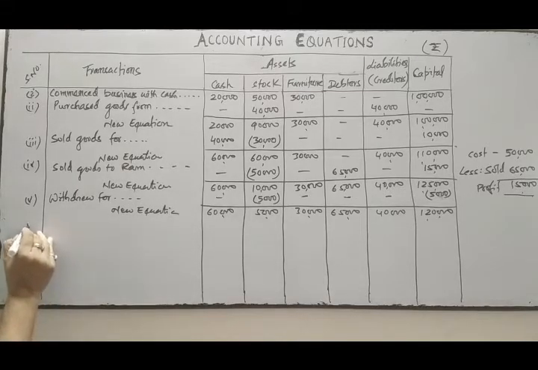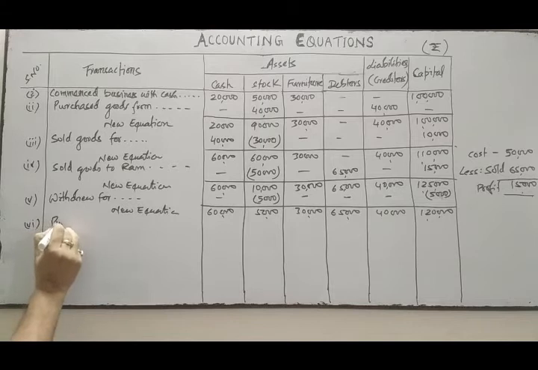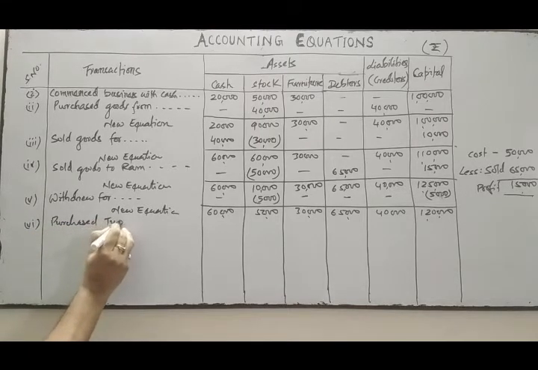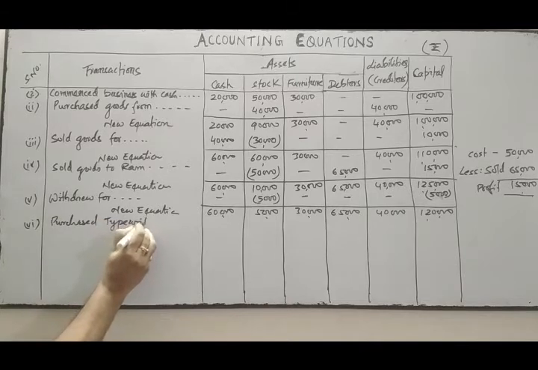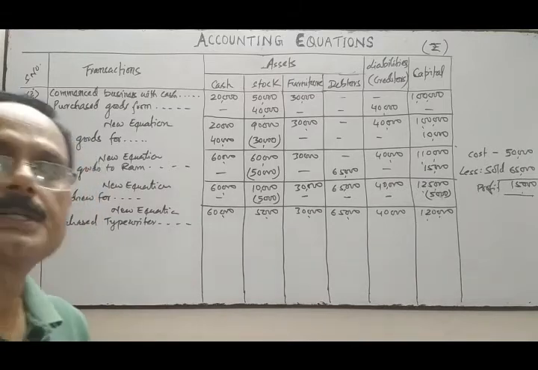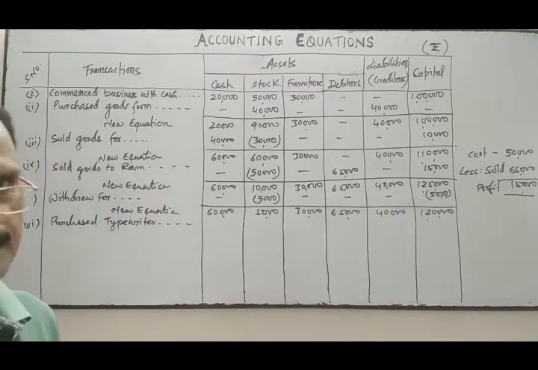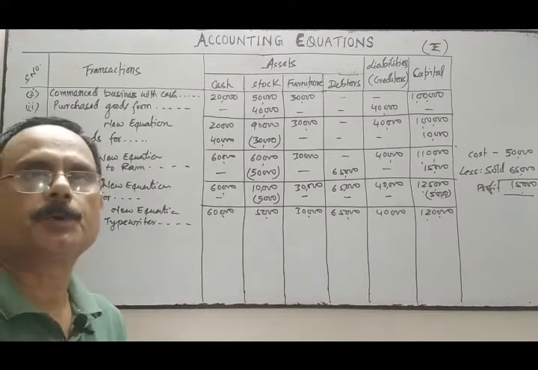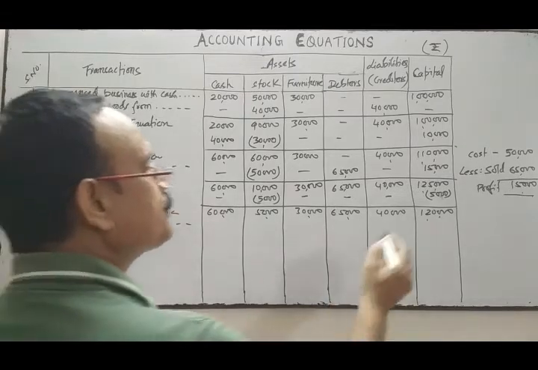Now sixth transaction. Purchased typewriter for personal use. It's also a drawing of the proprietor, personal use of the proprietor. So it's a drawing. Drawing reduces the capital.